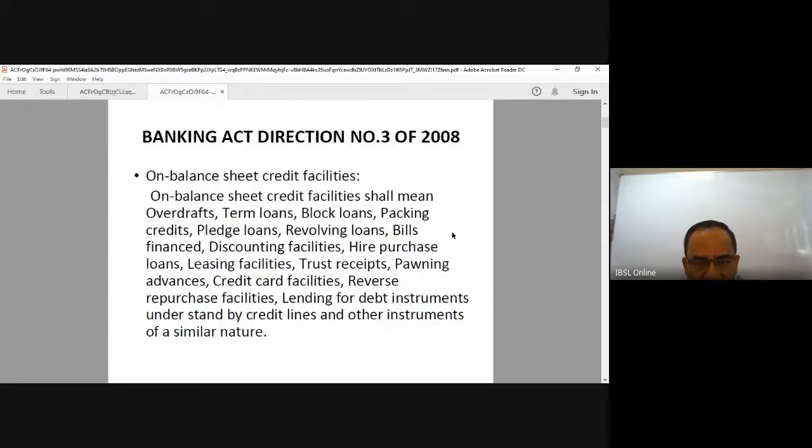So now, what happens is when you are granting a loan, you are parting with the funds. So that's a fund-based on-balance sheet item.